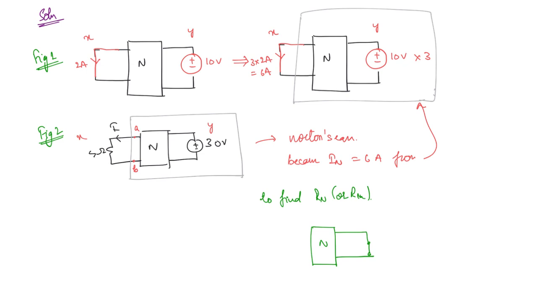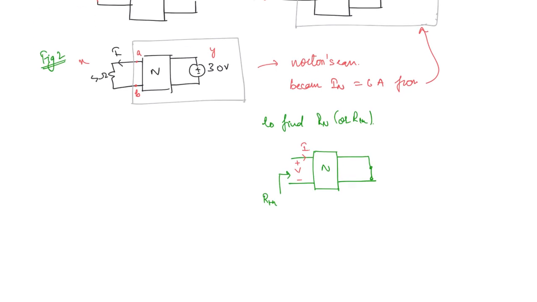So now we want the Thevenin's resistance seeing from this terminal. So this means that if you know the voltage here and the current here, then RTH is simply going to be V by I, because this is the equivalent.